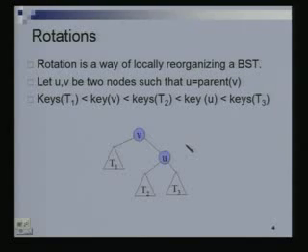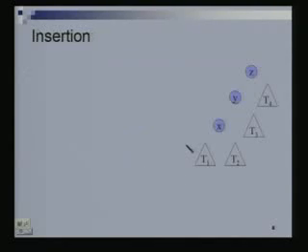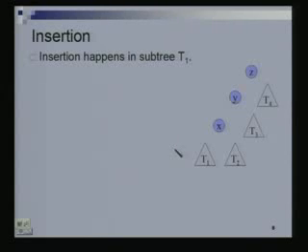Okay, now let's see how we will use these rotations to do our insertion. Suppose the insertion happens. So this is the tree. I have not drawn the links, but it should be clear what the links are. Who can tell me what the links are?